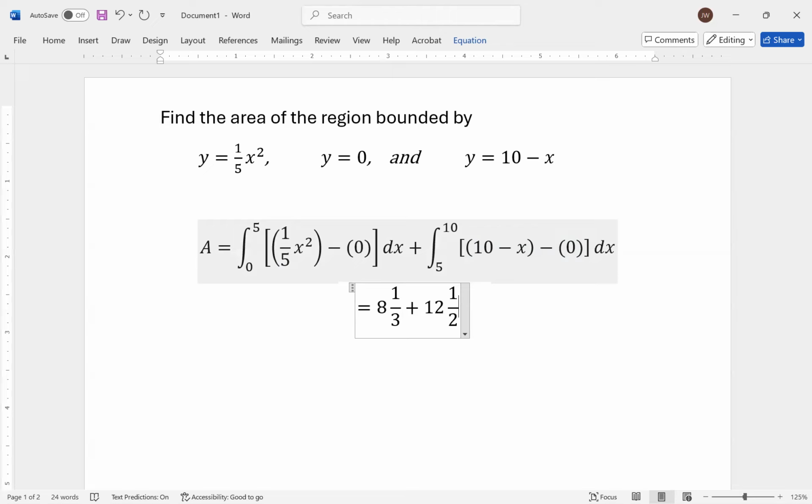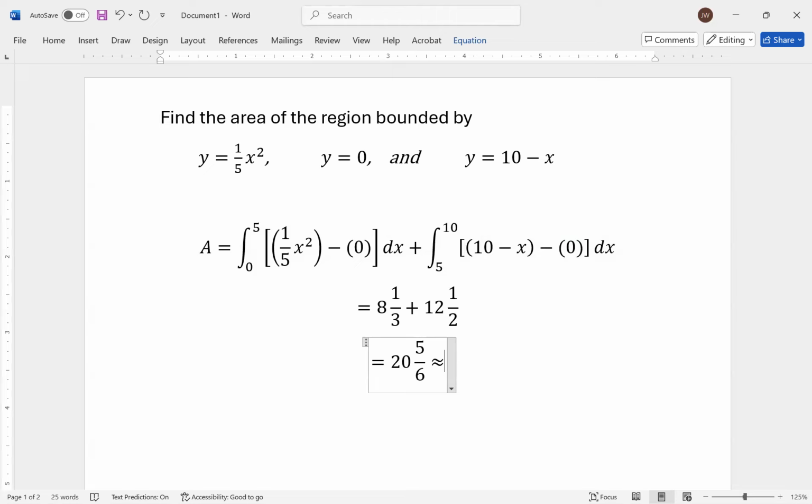So when that's all said and done, you get 20 5/6 as your total area. Eight plus 12 is 20, 1/3 plus 1/2 is 5/6. And obviously, a lot of times people will round that number to 2 decimal places.